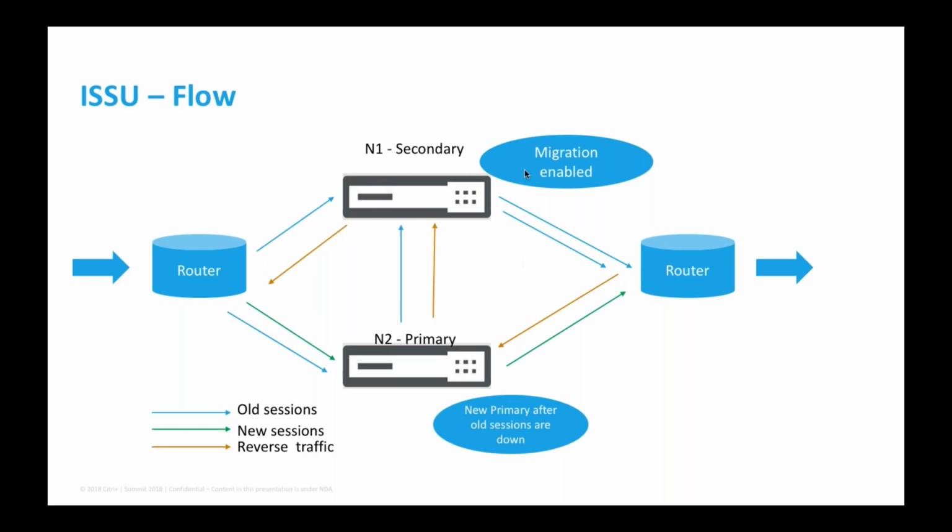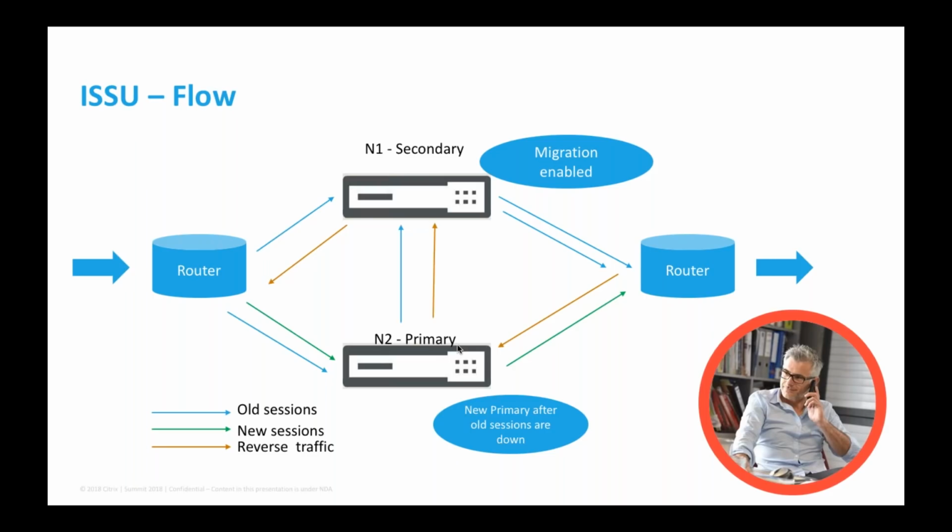Once the old sessions have slowly trickled down to 1 or 2 sessions, and eventually that also vanishes, you can go ahead and upgrade N1, and N1 will also come up in the same version. So now we have N2 and N1 both in the same version, while we did not have any session drop during this entire process. This is the magic of ISSU.